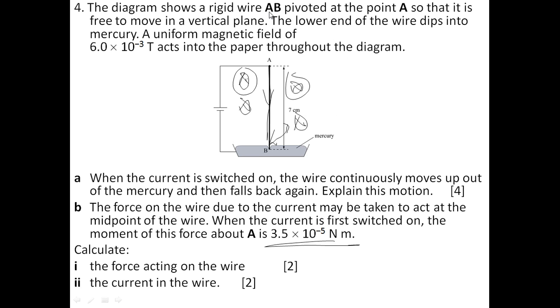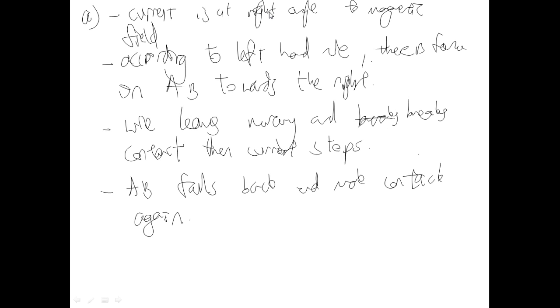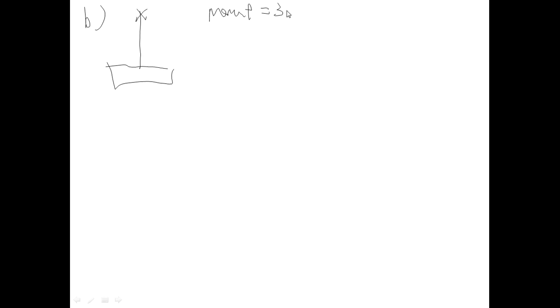Okay, so let me draw a simple diagram again. So this is where they pivot here, and then this is the rigid rod, and they are in the mercury. So we make one assumption here. The moment given here is 3.5 times 10 to the power negative 5 Newton meter.